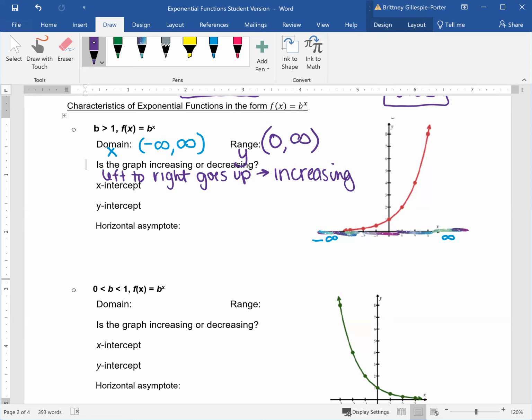Our x-intercept is where we cross the x-axis. Remember, our x-axis is down here, but we said that we were not going to cross or touch the x-axis, which means that our x-intercept does not exist. DNE, does not exist.